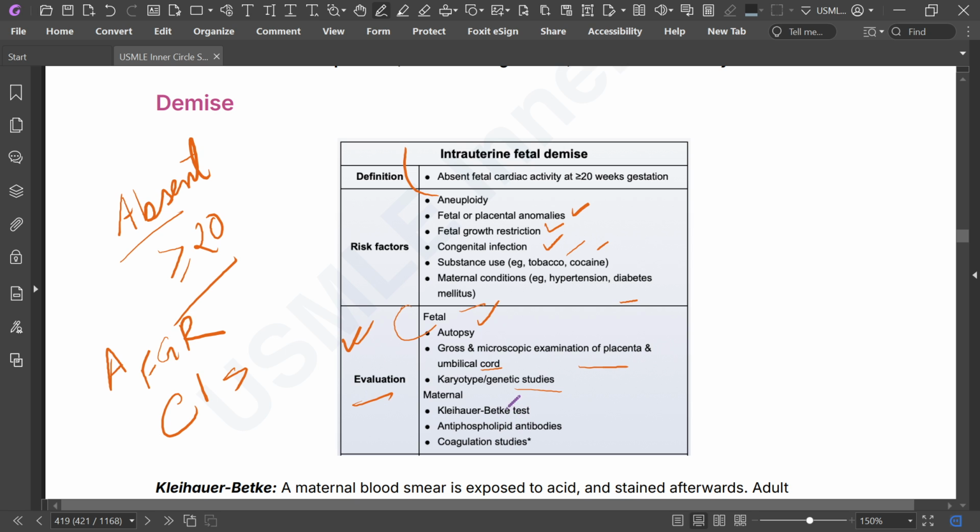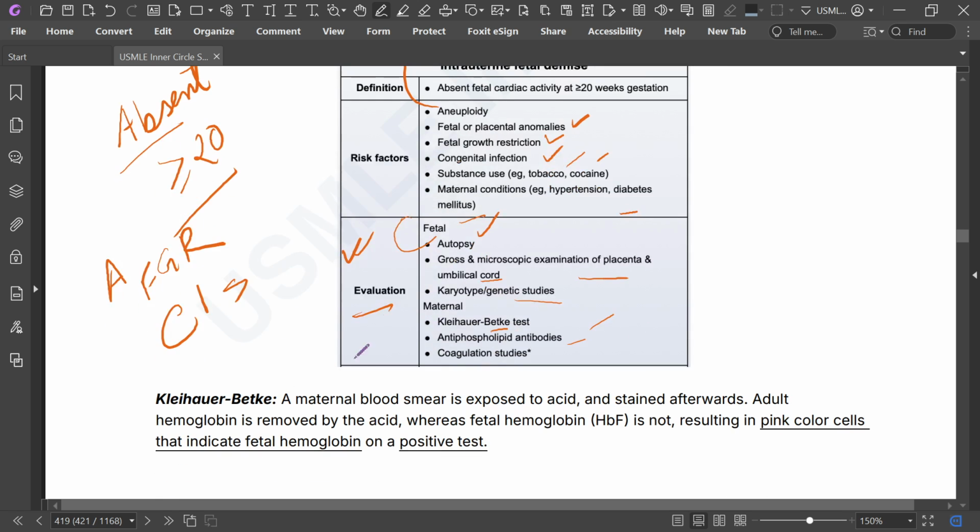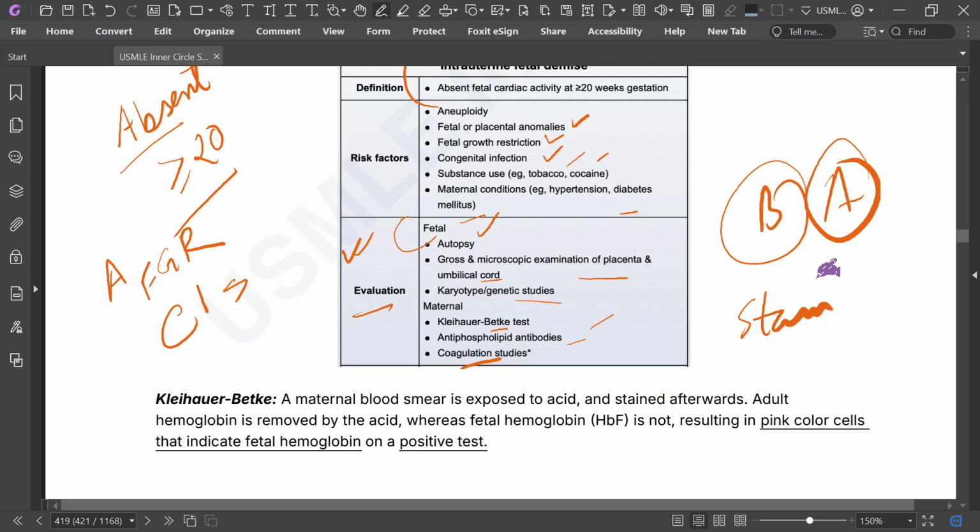Kleihauer-Betke test, antiphospholipid antibody, anti-Ro, anti-La, and the coagulation studies. In the Kleihauer-Betke test, a maternal blood smear is exposed to acid and stained afterwards.